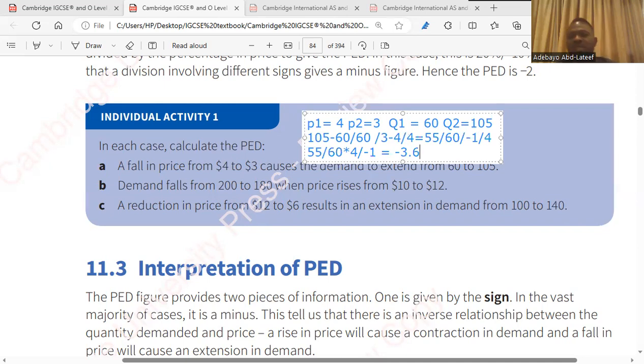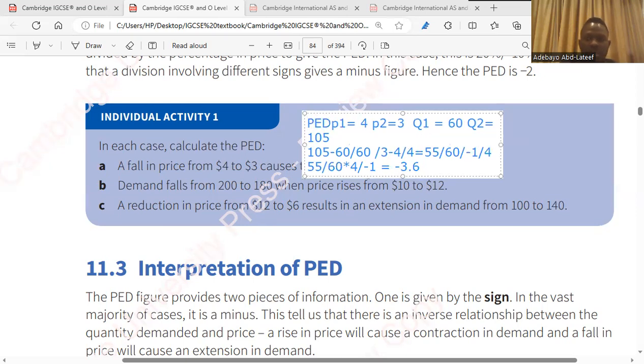So that's the PED. Is it clear? Yes. All right. So we have our PED, equals percentage change in quantity demanded over percentage change in price. So that's all about it. Clear? Yes.